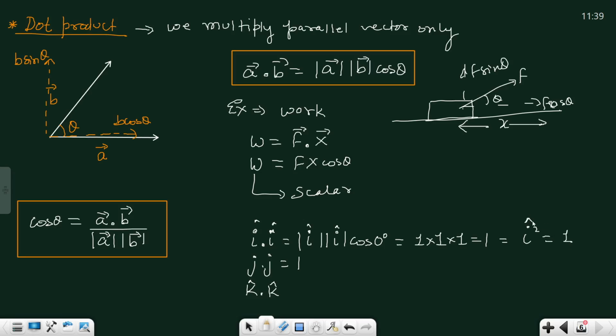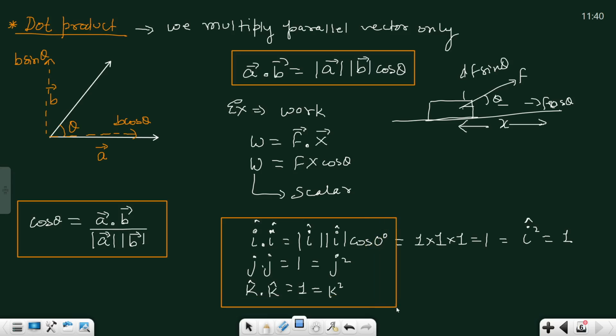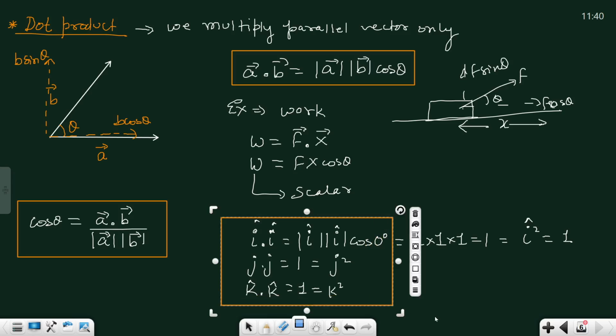I is parallel to I, so the angle theta is equal to 0. K dot K is equal to K squared, which is 1. Clear? So you have to learn this table.